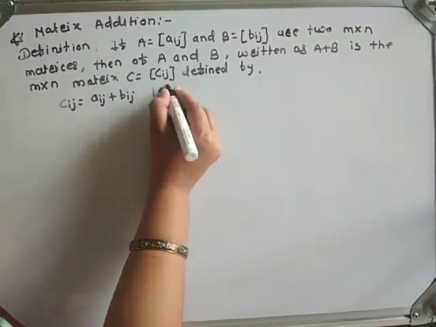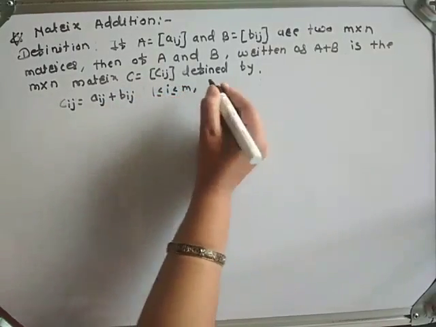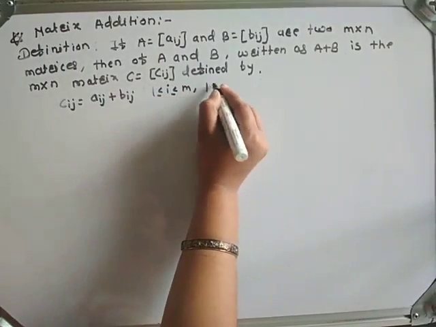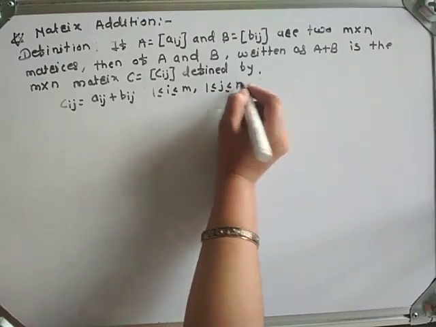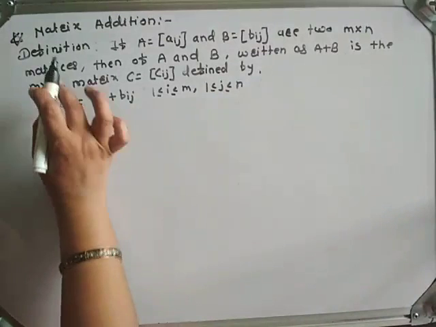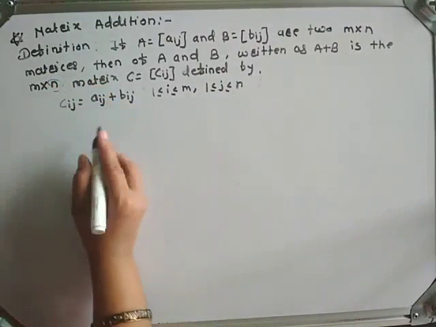One is less than or equal to i is less than or equal to m, and one is less than or equal to j is less than or equal to n, since the number of columns is n.